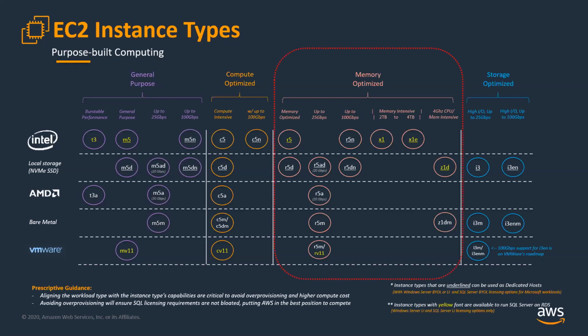For example, for most database workloads, memory and IO are the key bottlenecks, and hence the most popular choices are memory-optimized instances like X, R, or Z, or the storage optimized instances like I3. We also offer general purpose instances that are good for small or mid-sized databases and can help you save some cost.